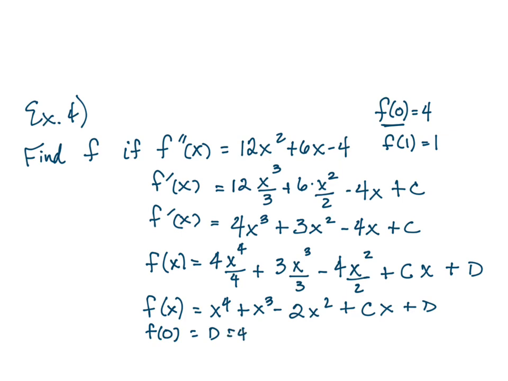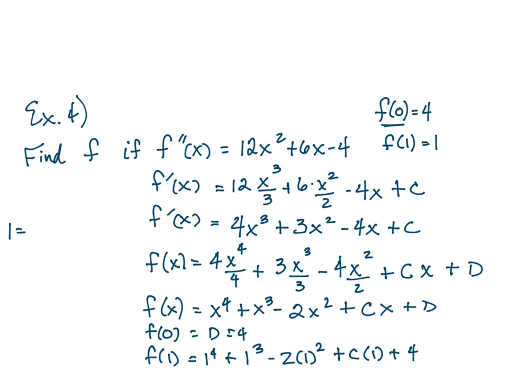That's helpful, because now I can find f of 1, where I put in a 1 everywhere, plus 4 on the end. And that is set equal to 1 also.